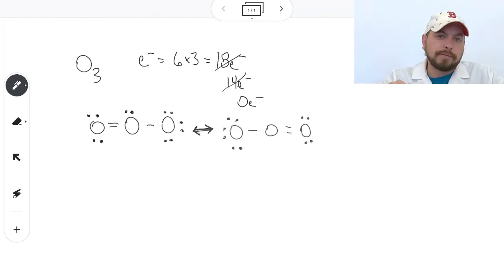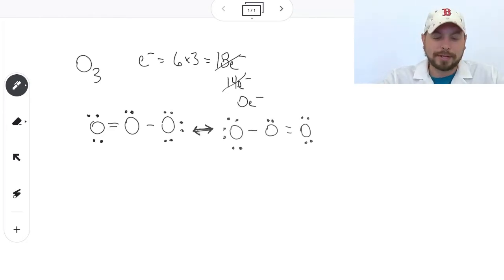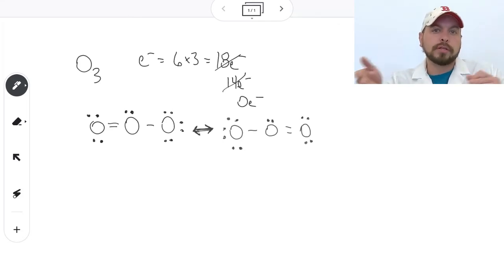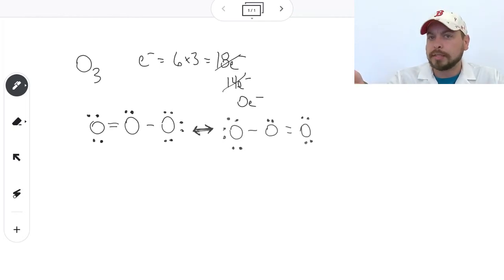In the one on the left, the left oxygen is double bonded to the central oxygen. In the one on the right, the right oxygen is double bonded to the central oxygen. This structure, I forgot my lone pair on the central oxygen there. This structure shows resonance. The double arrow between the 2 structures tells you that it is going to exhibit both simultaneously, but at the same time, neither one completely.